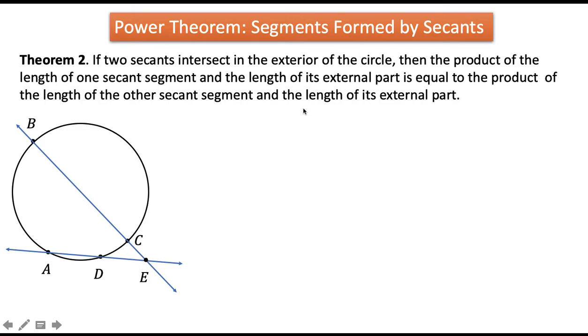So if we write it algebraically, based on the illustration from our concept, this is how it looks. BE, so we are referring to this segment from B going to E, multiplied by its external part, which is CE, from C going to E, is equal to AE, the segment of the other secant, from A to E, multiplied by its external part, which is DE.